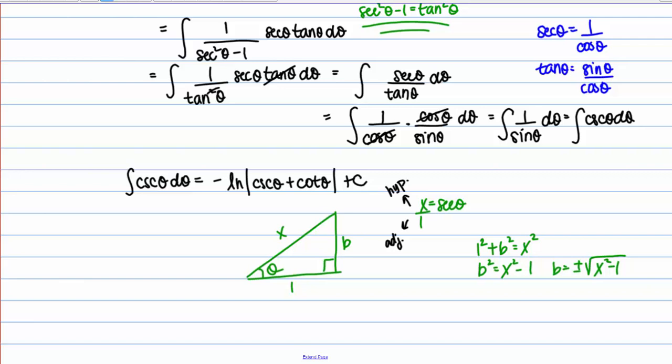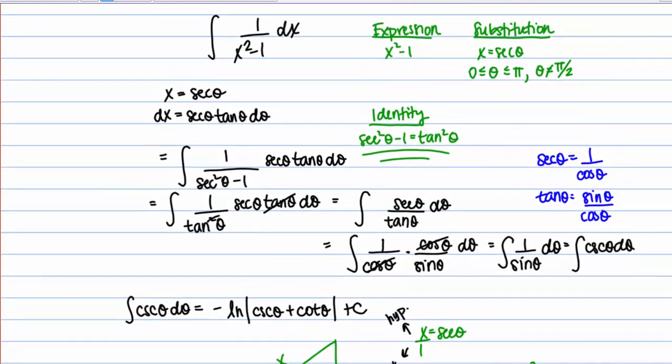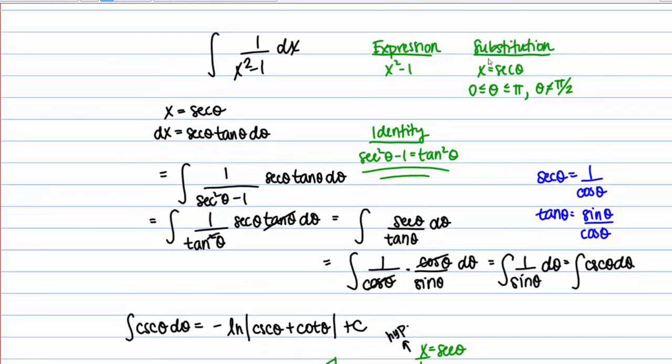Now remember that we said earlier in the lesson a very important fact. When we make our trig substitutions, for example, here we did x equals secant of theta, there were restrictions on theta, and that just comes from the range restrictions on the inverse trig functions.